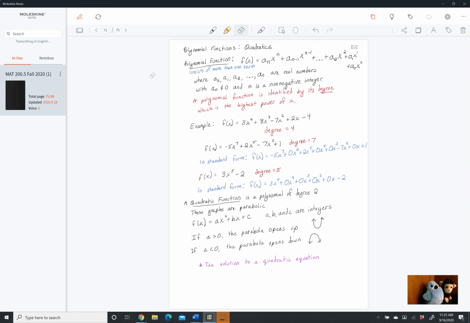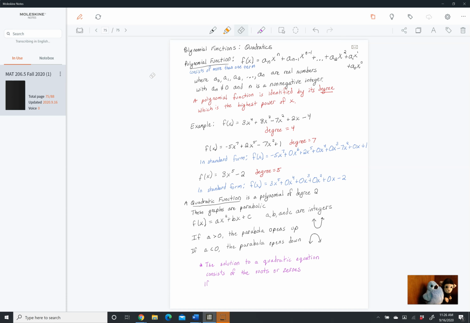Okay, the solution to a quadratic equation consists of the roots. So we call them typically roots. You'll hear that word a lot. Or zeros. Okay.